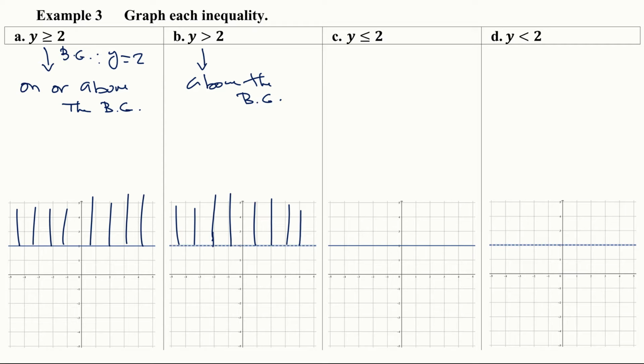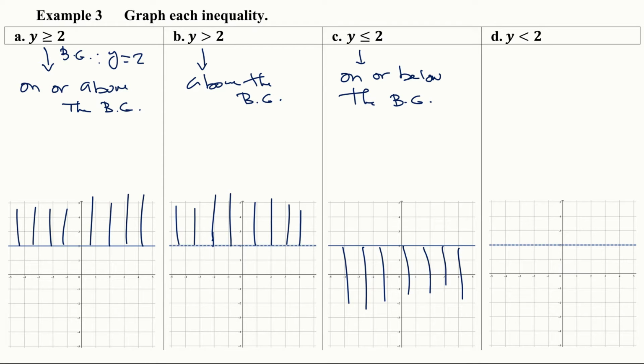All right. For this one, we're going to want all the points in the plane whose y value is basically less than or equal to 2. So the points that are on or below the boundary graph. Okay?